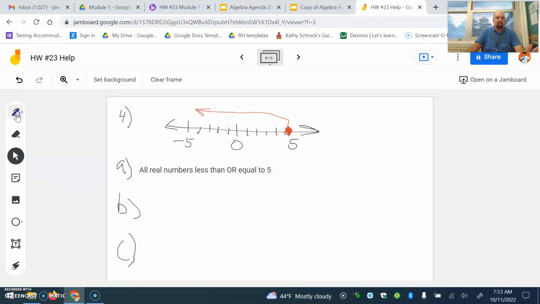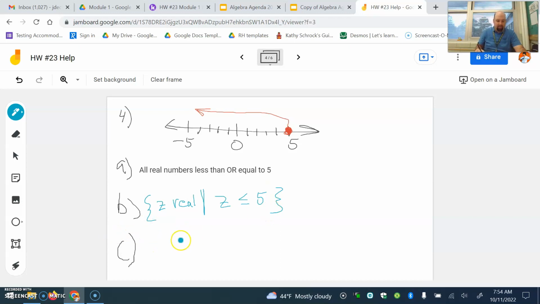What does that look like for set builder or set notation? Again, curly brackets. I'll use, how about variable Z? Z is real numbers, because again, I have to include everything. Put up a wall or a barrier. Z is less than or equal to 5. Curly bracket.